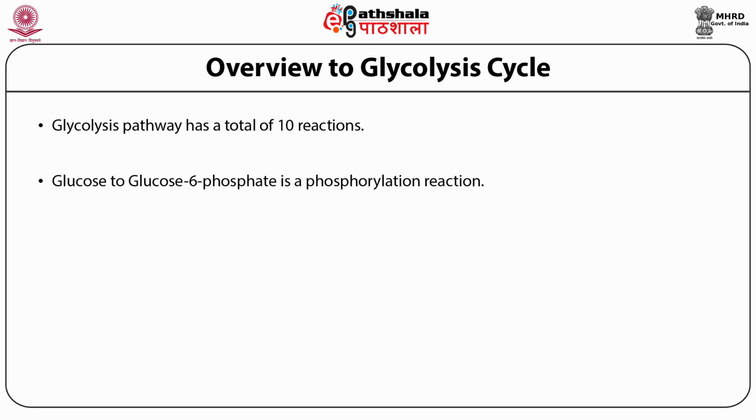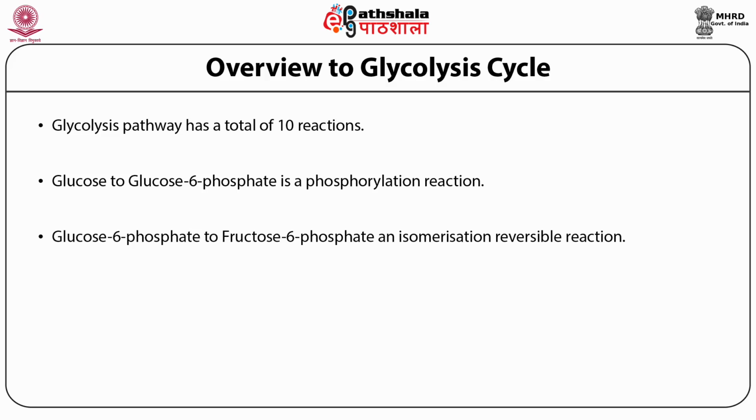Glucose to glucose 6-phosphate is a phosphorylation reaction requiring energy from ATP. The reaction is irreversible and it is catalyzed by the enzyme hexokinase. For your information, hexokinase is the enzyme that initiates glycolysis in muscle, brain and other vital tissue, while glucokinase does a similar reaction but in liver and pancreas.